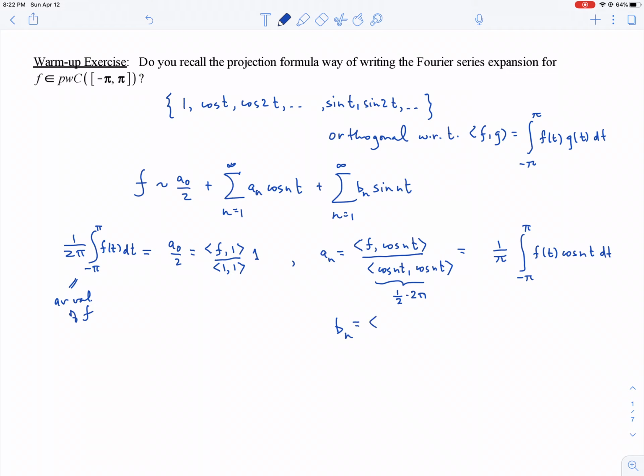Okay, and the b_n were the inner products of f with sine nt over the magnitude of sine nt squared in the inner product sense, which was the inner product of it with itself. And the numerator turned into the integral, the denominator turned into pi, and we got the formulas that we use for the sine coefficients.